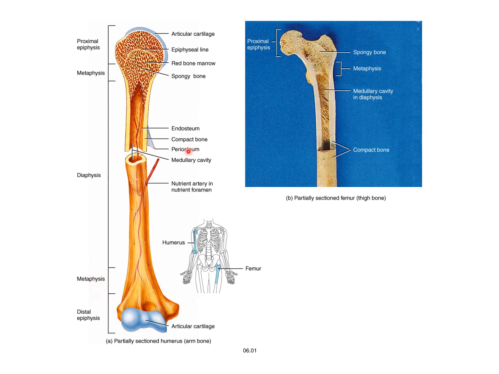So periosteum is like a double layer. The outer fibrous layer is dense. It has more fibers that are compactly bound, irregular collagenous connective tissue that contains blood vessels and nerves. The inner layer is a single layer of bone cells which include osteoblasts, osteoclasts and osteochondral progenitor cells.